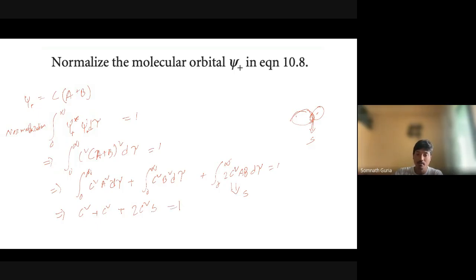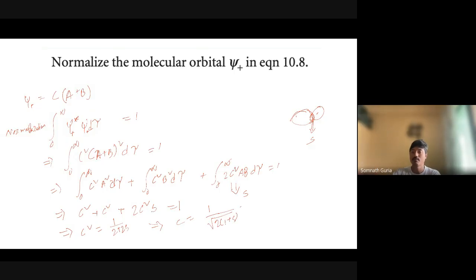Now what will be my c square? c square equals 1 upon 2 plus 2s, right? It implies c equals 1 upon root over of 2 into (1 plus s).